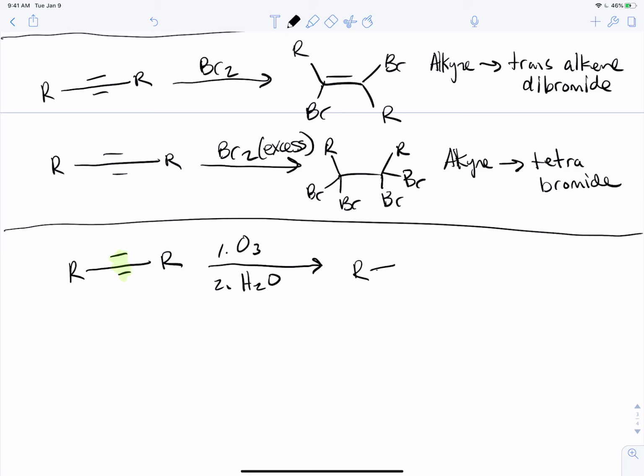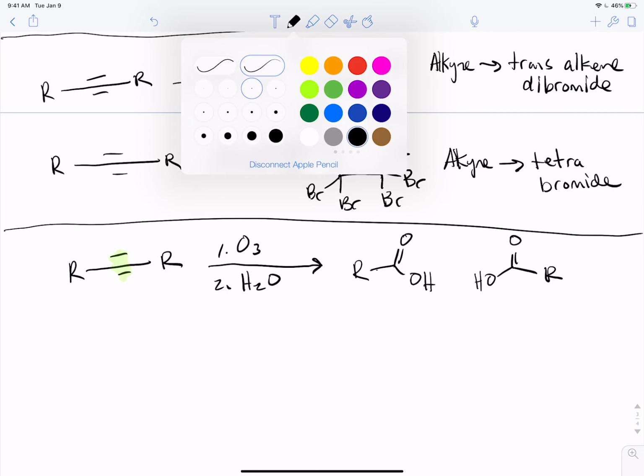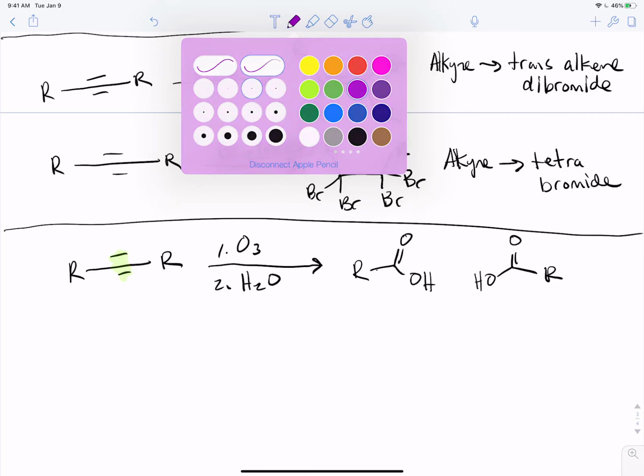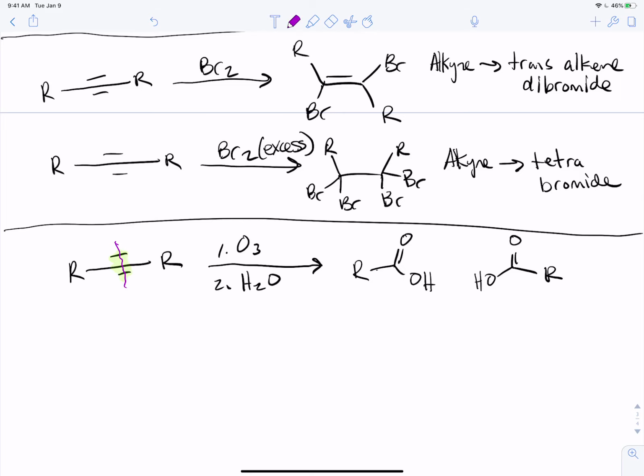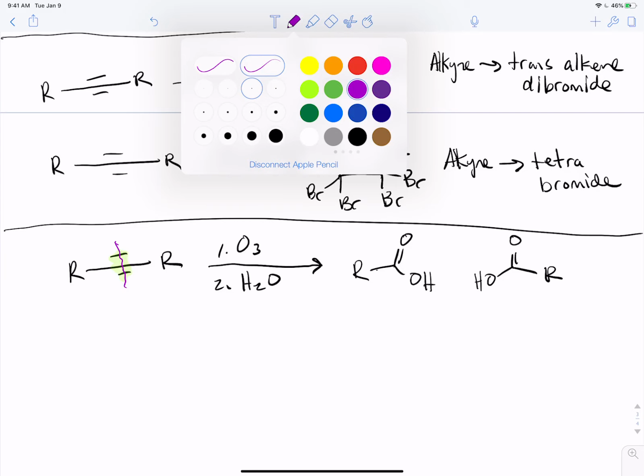Here, instead of doing that, we're actually going to form carboxylic acids. It's the same kind of thing where you just break the bond altogether, but instead of this bond breaking to form two ketones, now it's going to form two carboxylic acids.